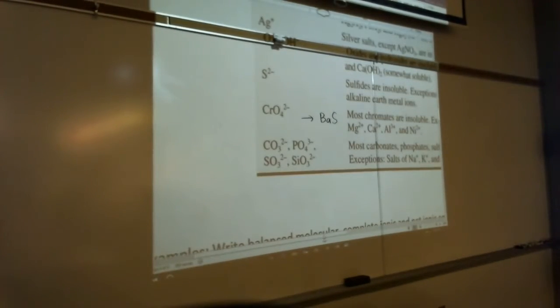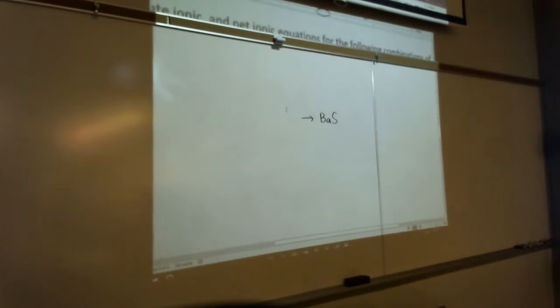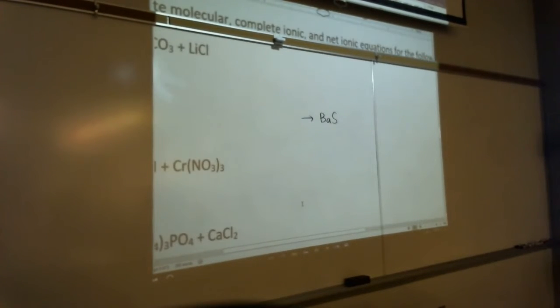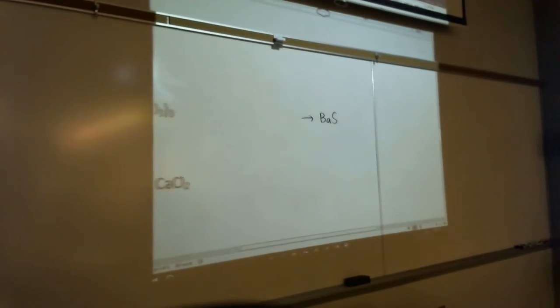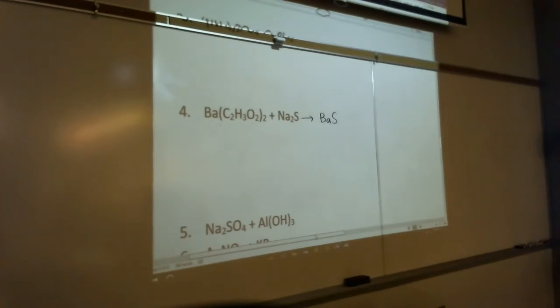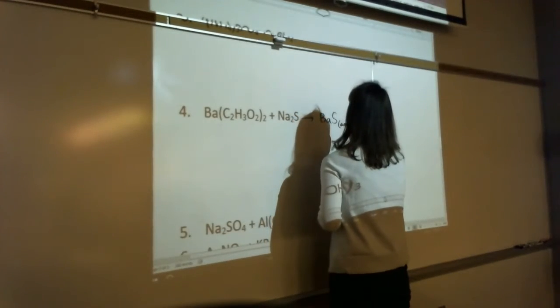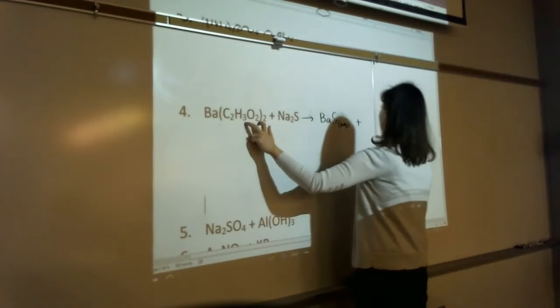Sulfides are insoluble except Na+, K+, NH4+, and the alkaline earth metals, which is group 2. Barium is in group 2. So that is soluble, so that's aq. And sodium acetate.